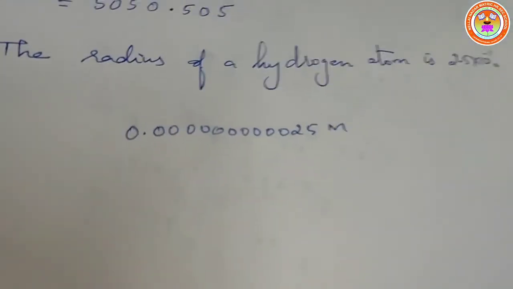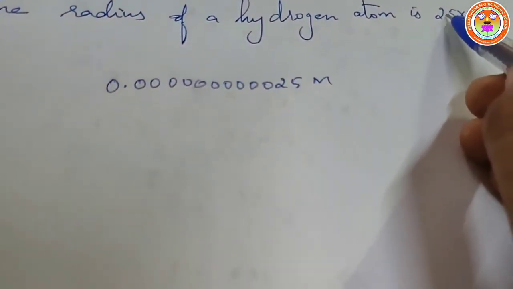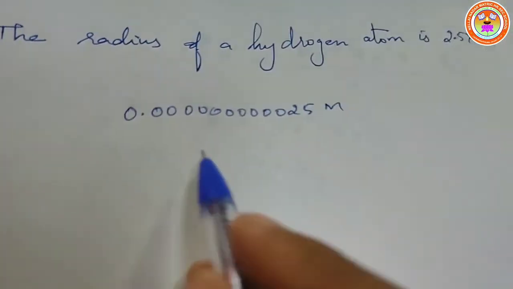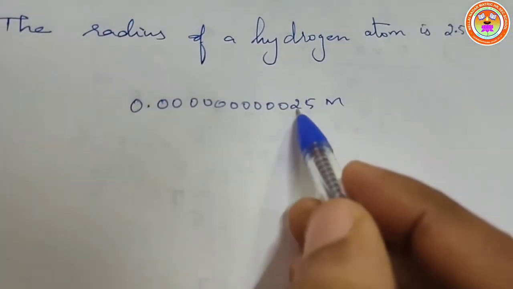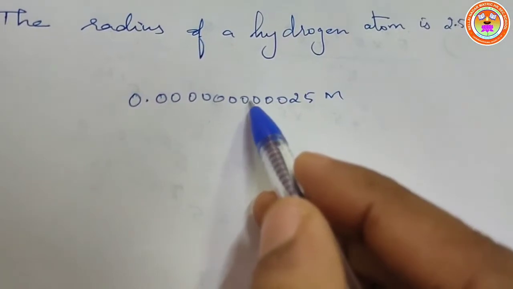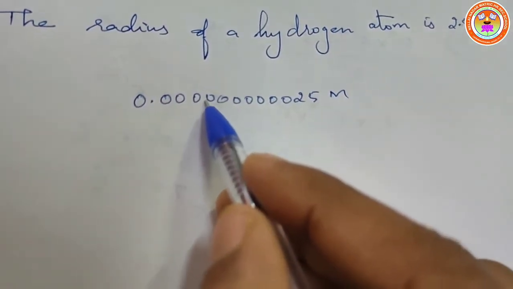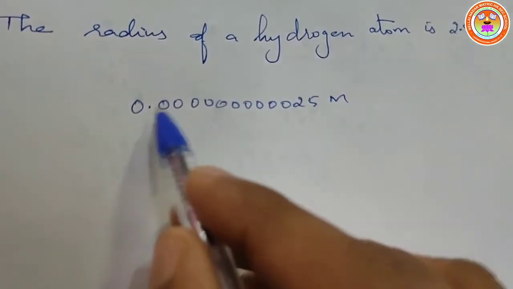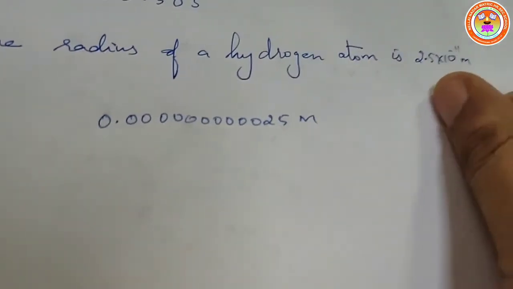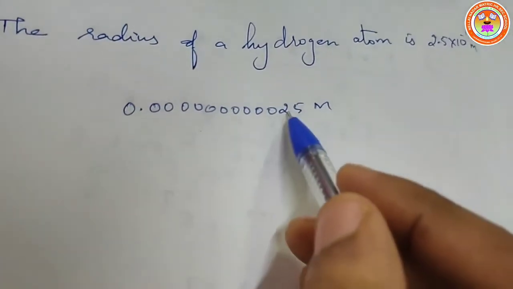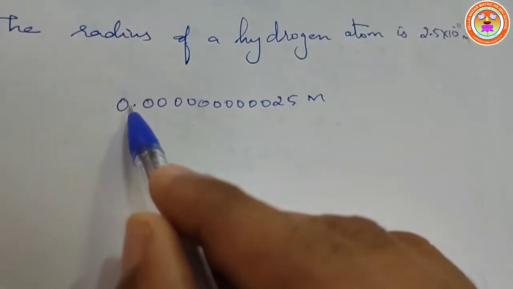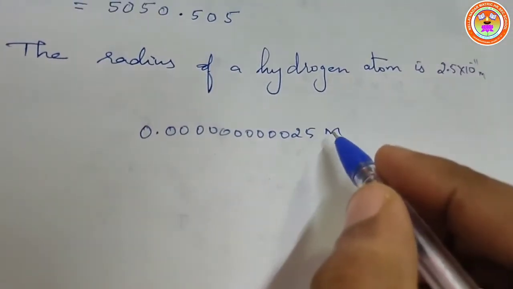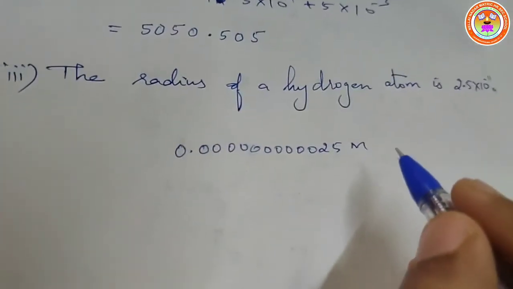If you check here, the decimal is here, so it moves to this place, 11 digits. So if it is minus 11, the decimal has to move to the left by 11 digits. Since the unit is meter, you put the unit meter.